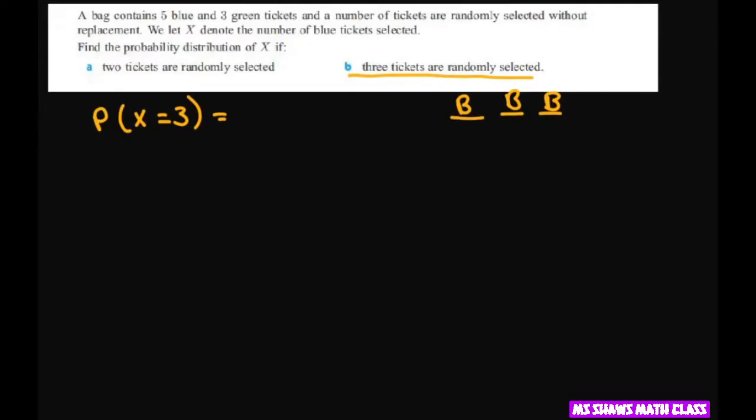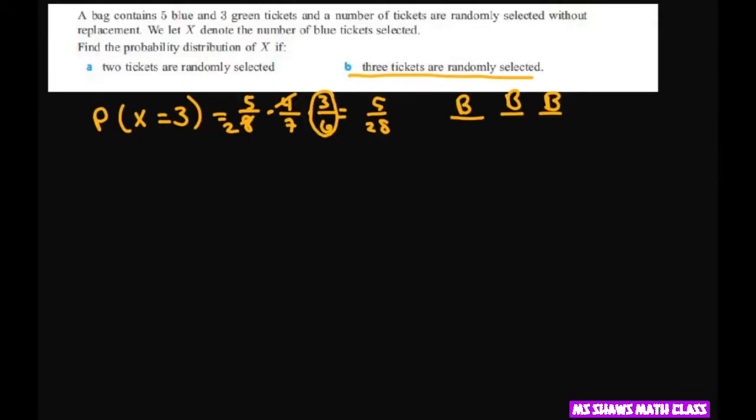So instead of doing a tree diagram, you can just write it as 5 divided by 8 times 4 divided by 7 times 3 divided by 6. If we simplify this, 4 goes into 8 2 times, this is 1/2, so you'll get 5 out of 28.